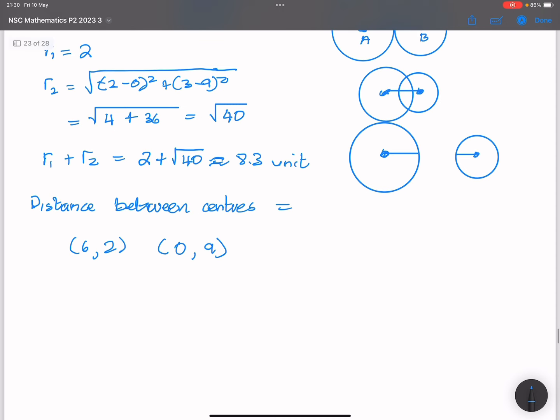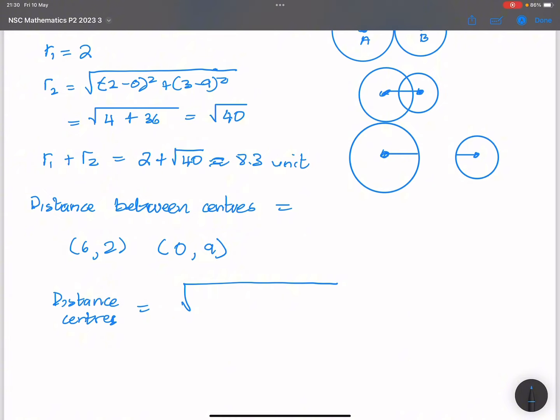So let's use the distance formula. The distance between the centers is going to be x2 minus x1, that's 6 minus 0 all squared, plus 2 minus 9 squared.